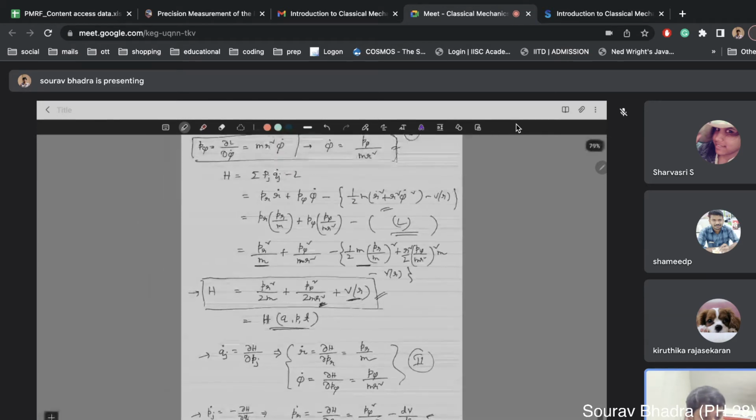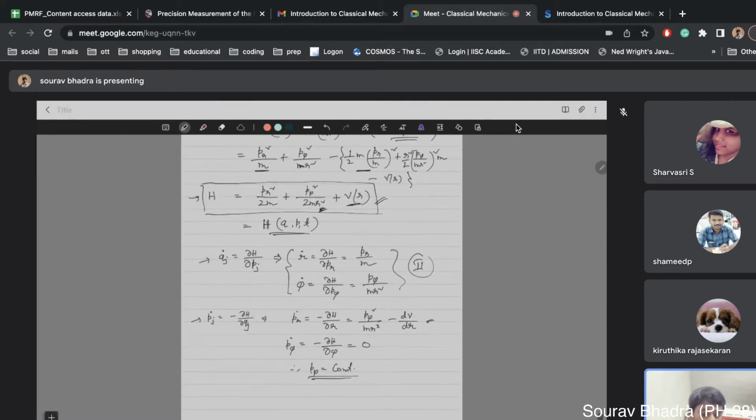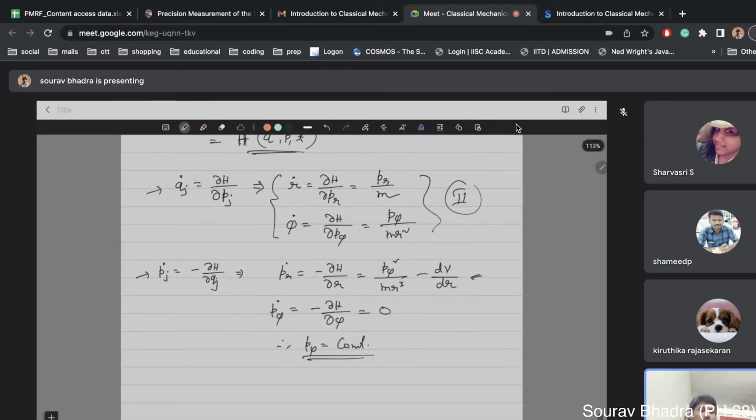So you can see these two sets of equations are exactly similar, r dot equals p_r by m in 1 also, and in 2 also. So this is telling you the same thing, whether you are going through the Hamiltonian method or the Lagrangian method. So these two systems of equations are exactly identical. Okay, so this is the use of Hamiltonian in our classical mechanics.